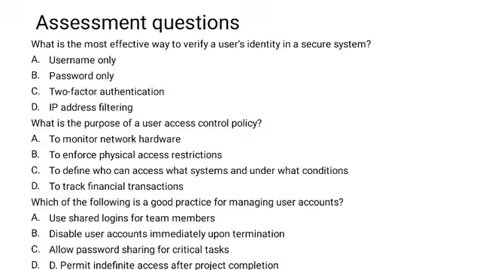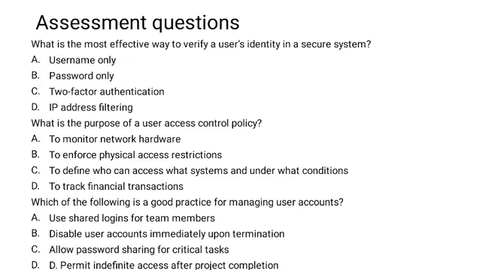So from this topic, what are the main things students can understand? What is the effective way to verify a user identity in a security system? Username only, password only, two-factor authentication, IP address filtering. What is the purpose of a user access control policy?